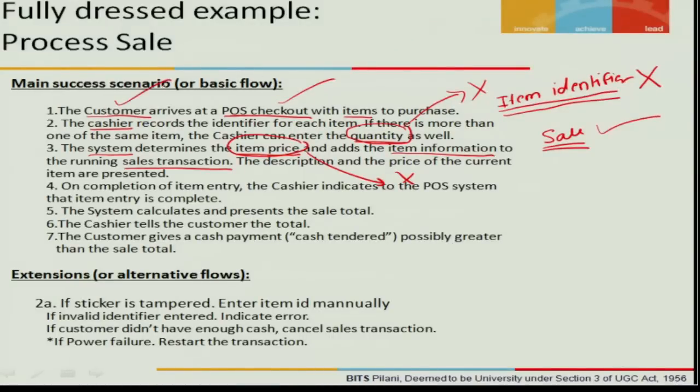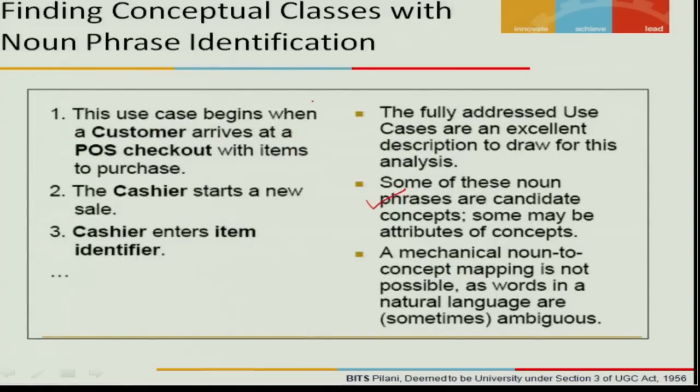POS checkout, cashier, customer, system, item can be domain concepts. So the simple technique to identify domain concepts using noun phrase analysis is to list down all nouns or noun phrases in the use case and cross out those which are attributes. The remaining are your domain concepts.